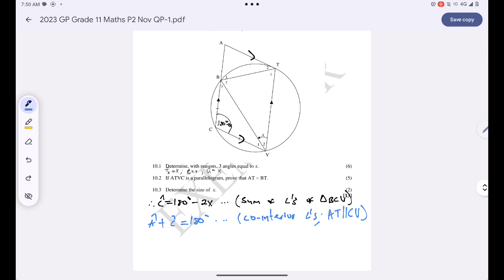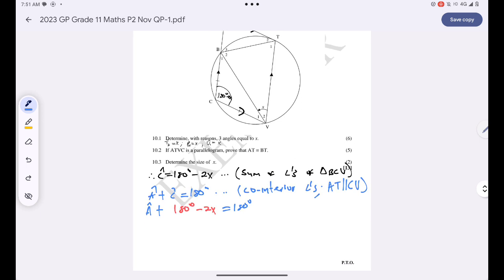Are you together? I want to find angle A. Remember that angle C is just 180 minus 2x. Let me use a different color. Angle C is 180 minus 2x, right? And obviously this is equal to 180.